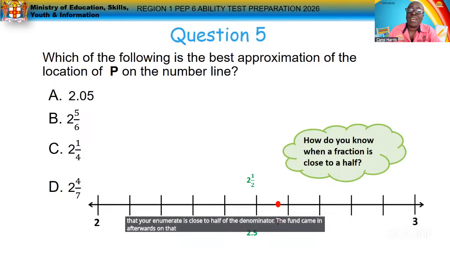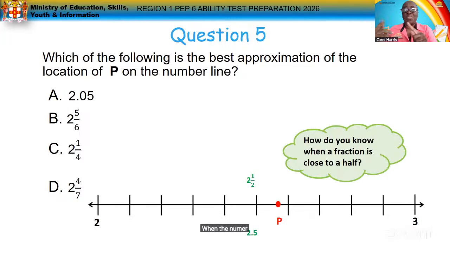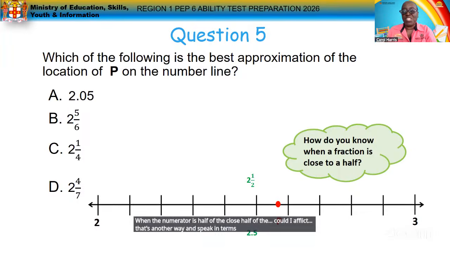So we're saying that we look at, I flip that another way. When the numerator is close to half of the denominator, could I flip that another way and speak in terms of the denominator? Since we name fractions based on the denominator, how could I say it using the denominator?